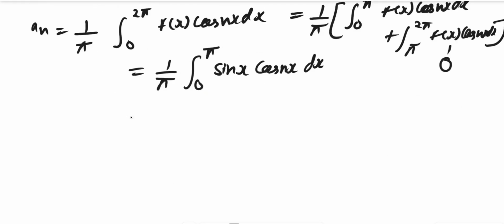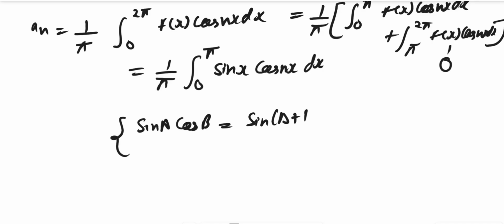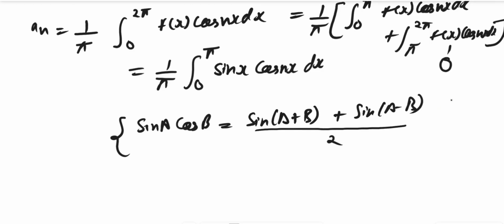Now to solve this integration we should know the trigonometric identity for sin a cos b, that is sin a cos b is equal to sin(a plus b) plus sin(a minus b) divided by 2. So using this identity we will simplify this.